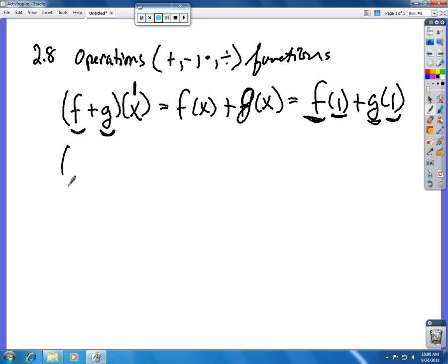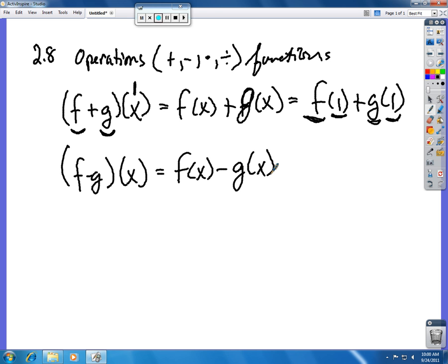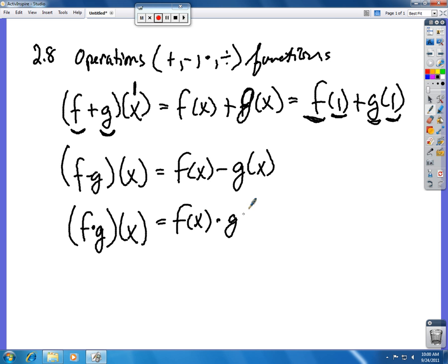So if we had f minus g of x, it's basically the same thing, except you're going to subtract them. Same thing with multiplication, really. If you have f times g of x, you would have f of x times g of x. And as you guessed it, division's next.